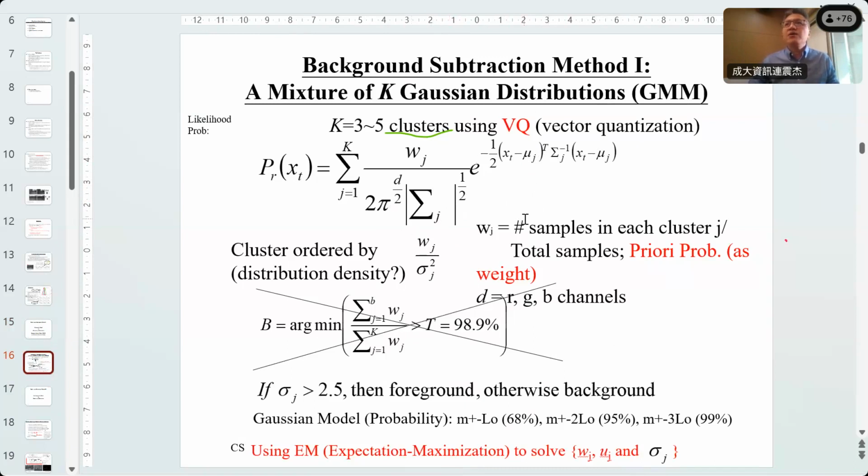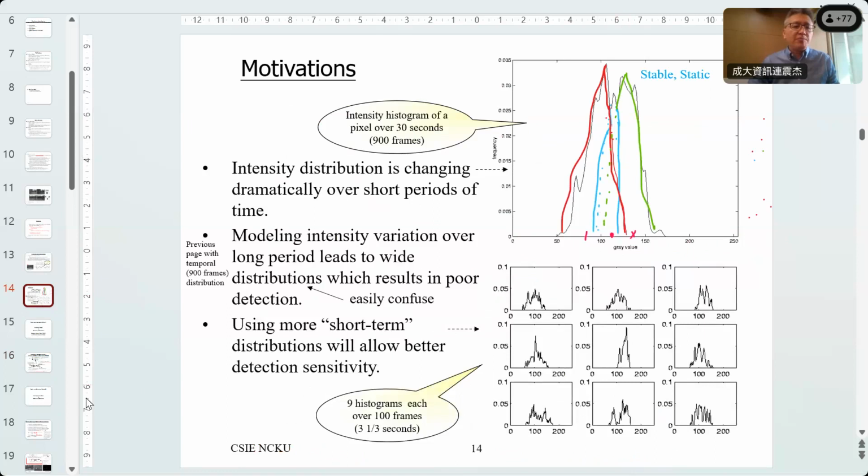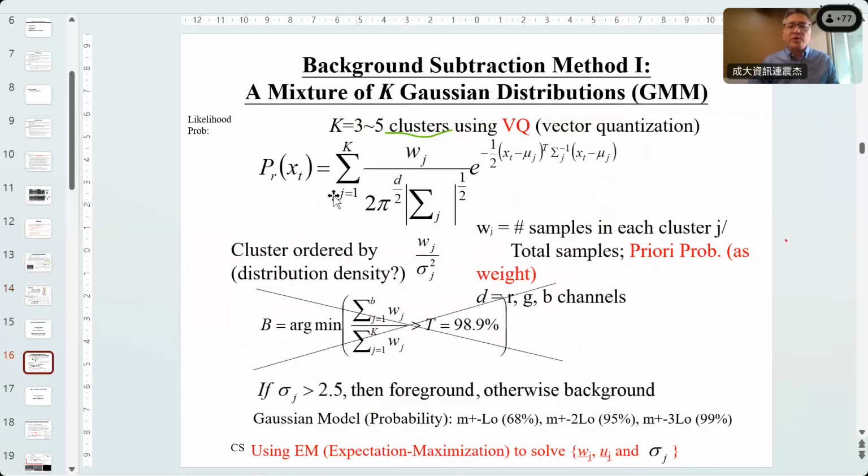If you have more than 1 Gaussian model, suppose you have 3 Gaussian models, you have 3 means, 3 standard deviations. So that's called Gaussian mixture model. This distribution can be the combination of this equation. So K will be equal to 3. So you do the linear combination.